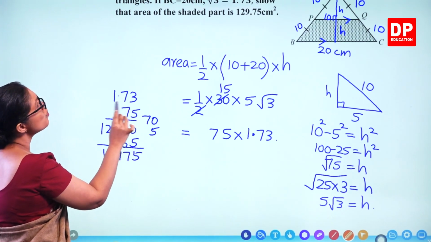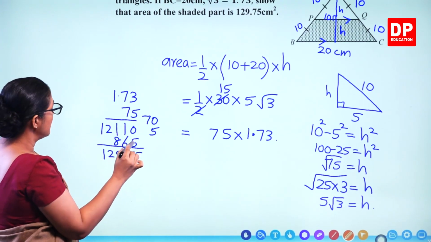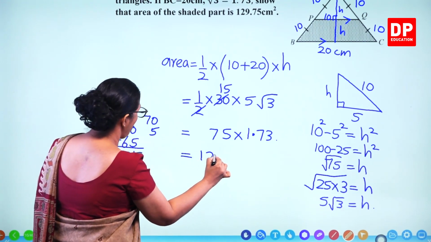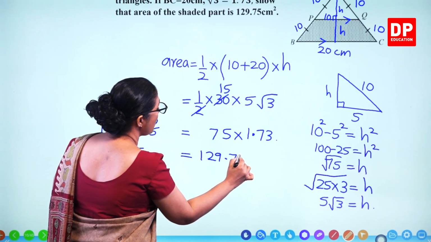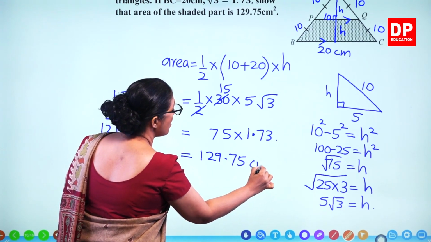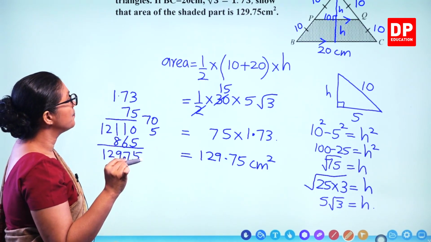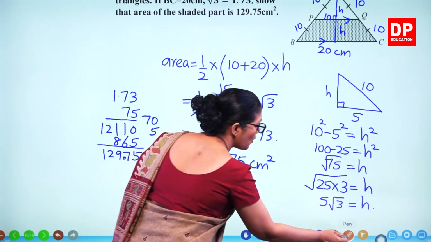And then keep 2 decimal places. So that's correct. 129.75 square centimeters is the area of the trapezium. So you get 2 marks for that.